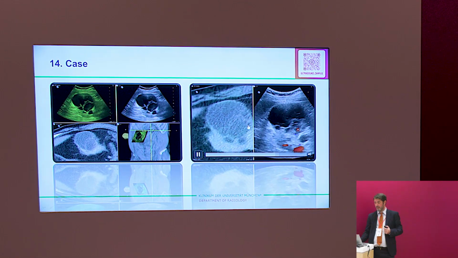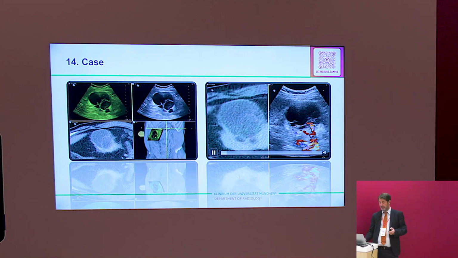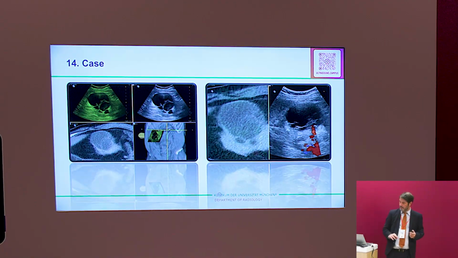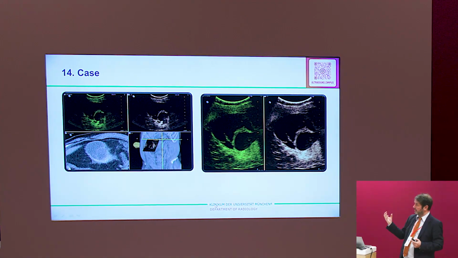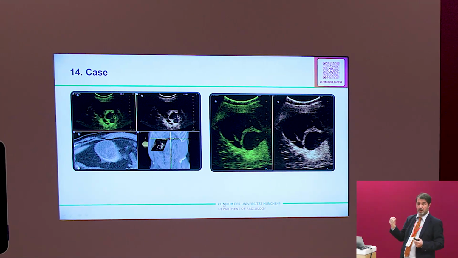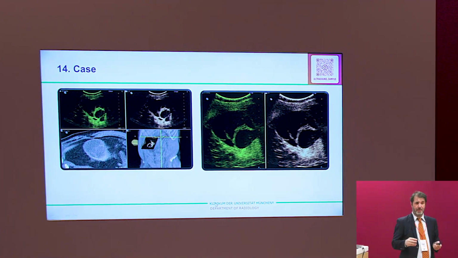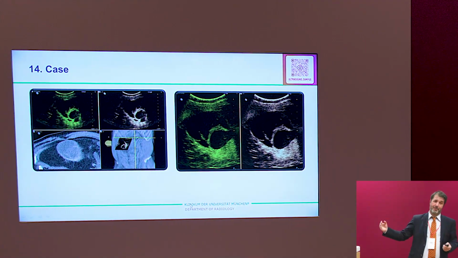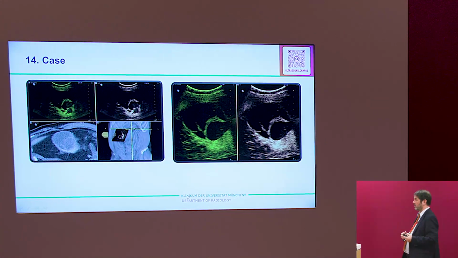Look here side by side. There's one septum you see in CT, but here are hundreds of septa inside. And look, they have got a strong uptake. Very thick and very strong. This will not fit with Bosniak 2F. This is Bosniak 3 already. So this patient has to go under surgery.